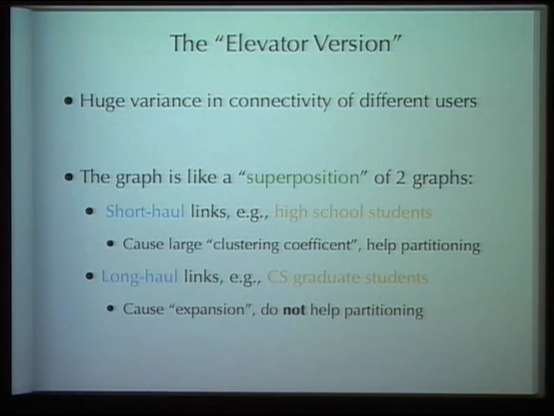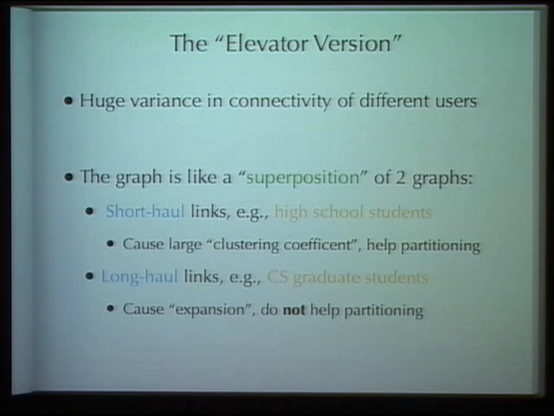And then you have international computer science graduate students who basically have different friends all over the world. So we have those short haul links that cause the large clustering coefficient I mentioned, and were very helpful in coming up with good partitions of the graph. But you also have, in some sense, semantically long haul links that cause the graph to be effectively a pretty good expander.